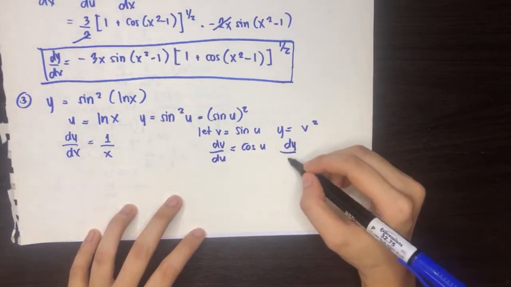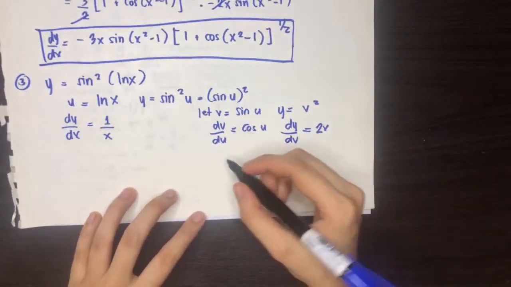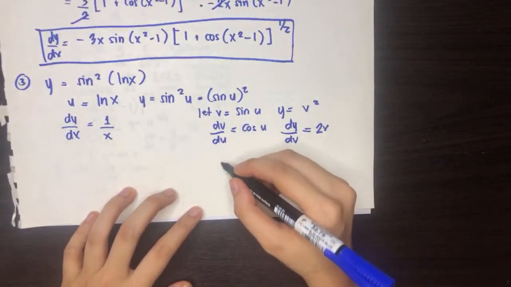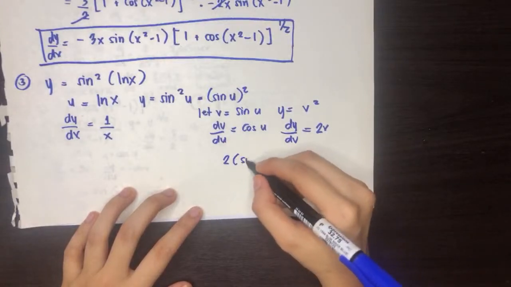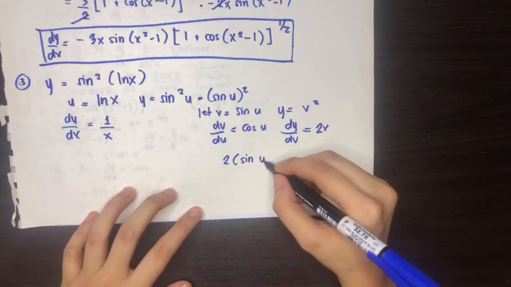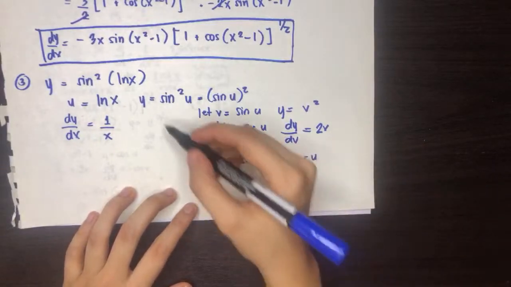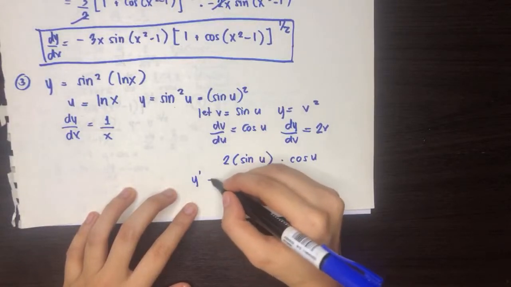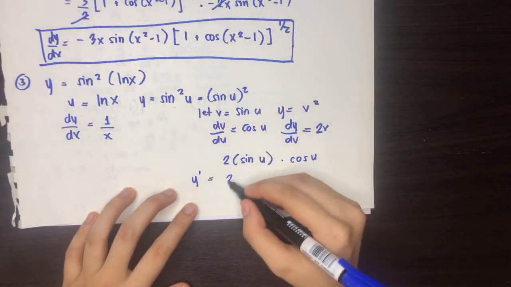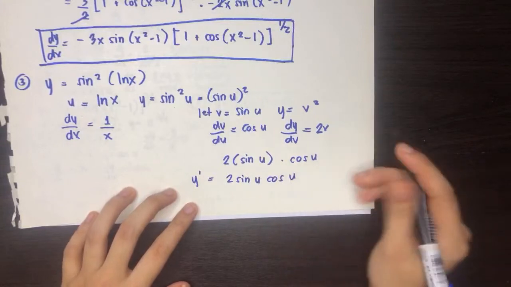Derivative ni y with respect to v is 2v. So, kapag sinimplify ko to, magiging 2 times yung v, which is sine u, times cosine u. So, derivative nitong sine squared u is 2 sine u cosine u.